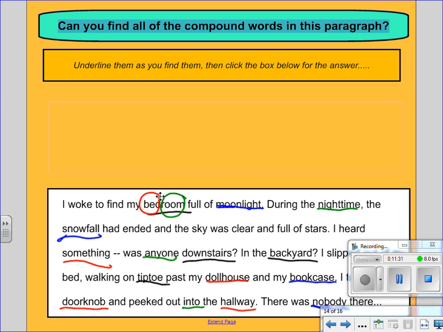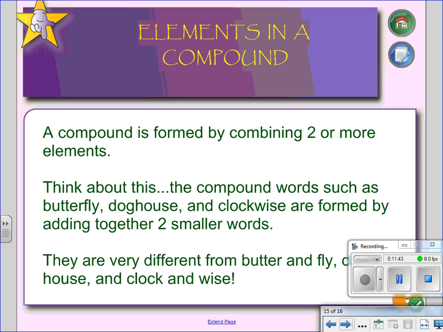When you put them together, you have a compound word, two smaller words that, when put together, make up a brand new word. In science, a compound is formed by combining two or more elements. So again, a compound is formed by combining two or more elements.